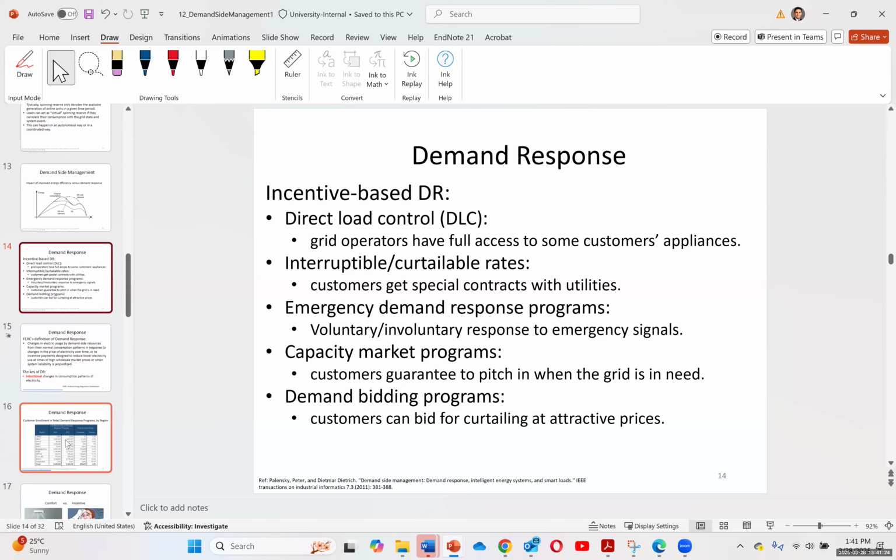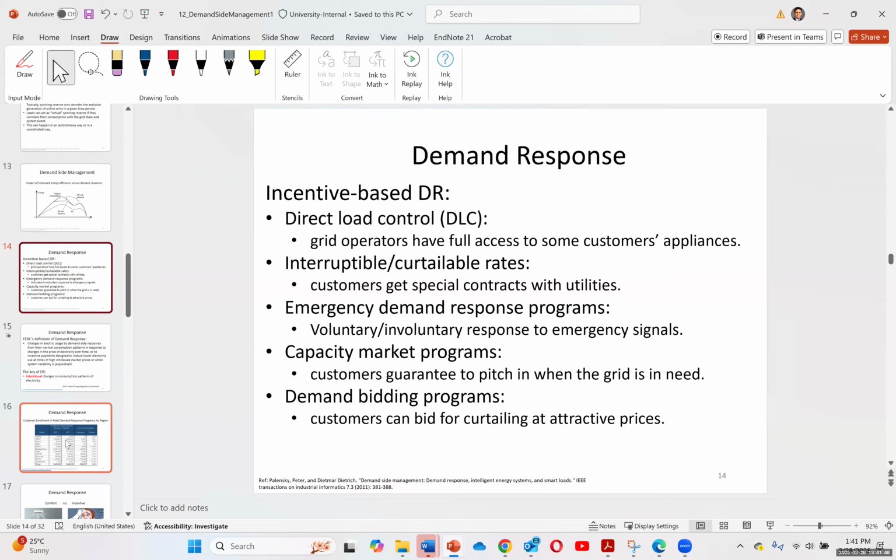So incentive-based demand response, we have the direct load control, or what we call the DLC. The grid operators have full access to some customers' appliances. It's interruptible, curtailable rates. Customers get special contracts with utilities.